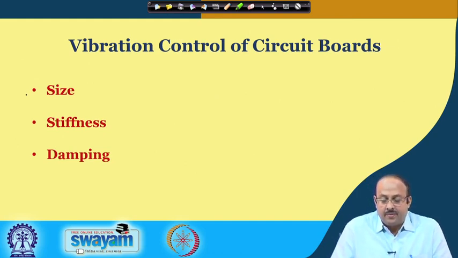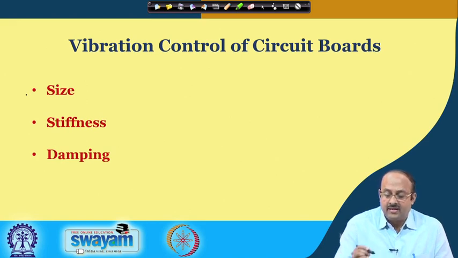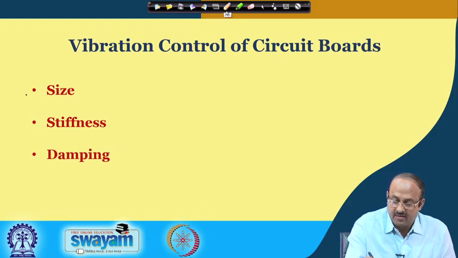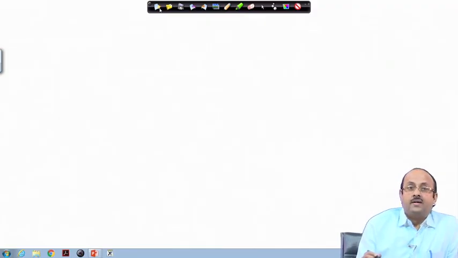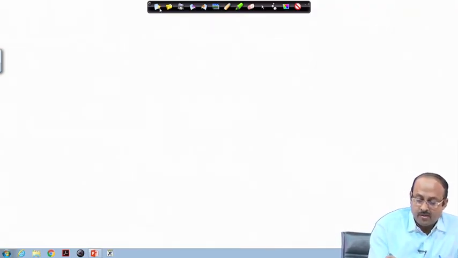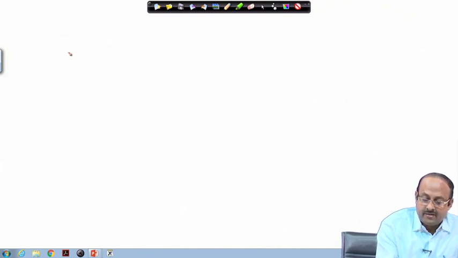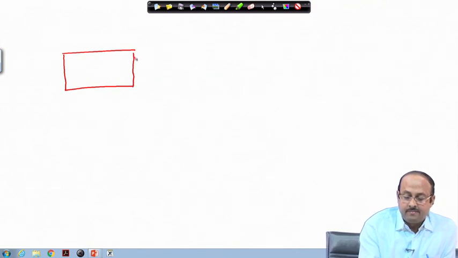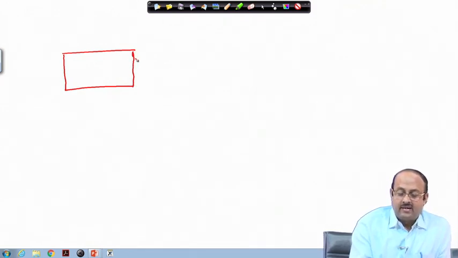So, just to see what we can do to reduce the level of vibration for this circuit board, let us consider the PCB. Suppose this is our PCB, and this is subjected to the vibration.